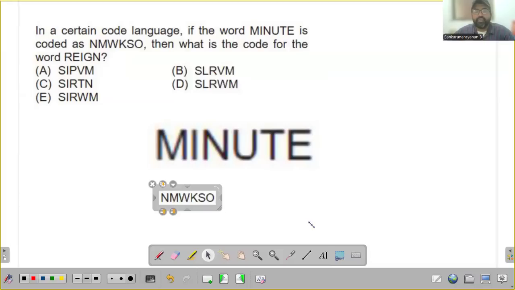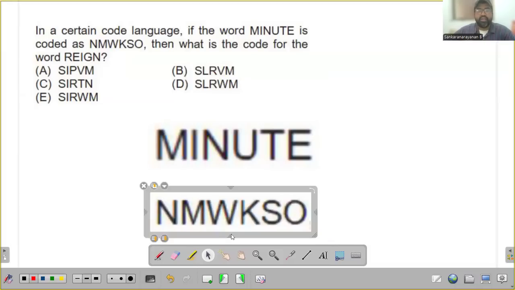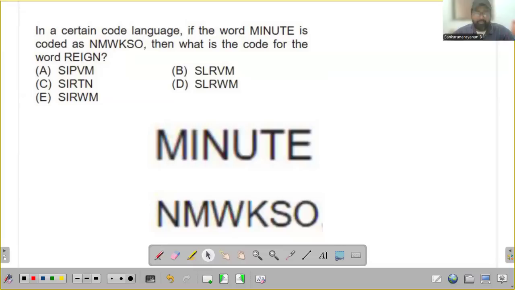So position wise, you can see that M is 13. You can consider that plus 1 is N. I, J, K, L, M, it is plus 4. N, you can see that plus 9 becomes W. N, O, P, Q, R, S, T, U, V, W.